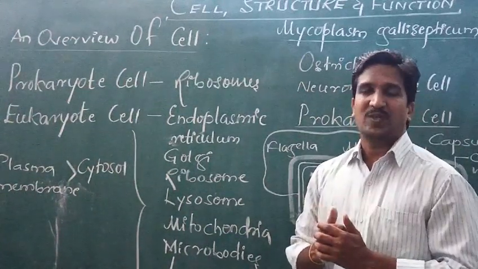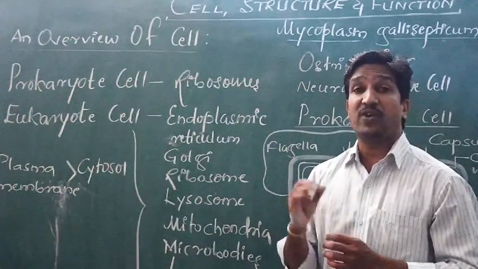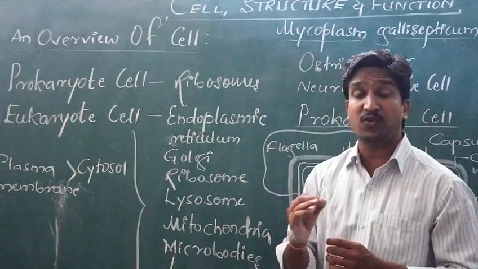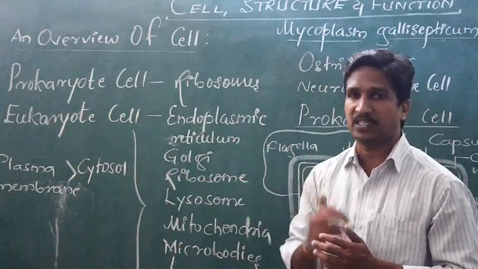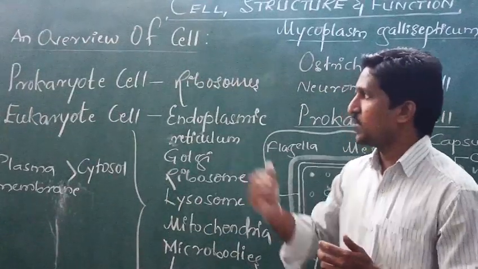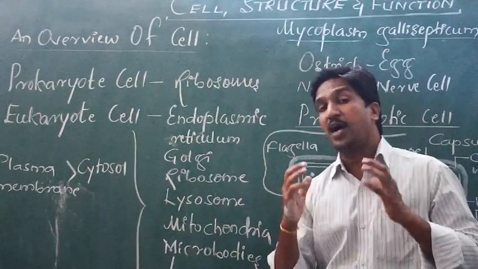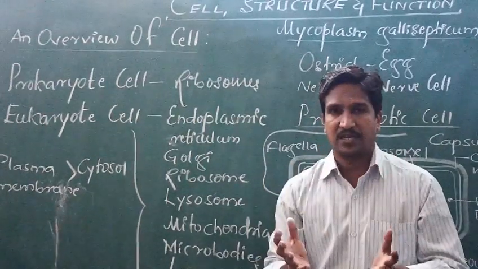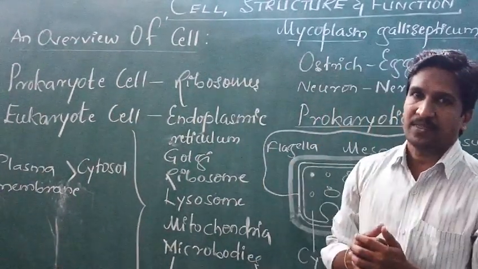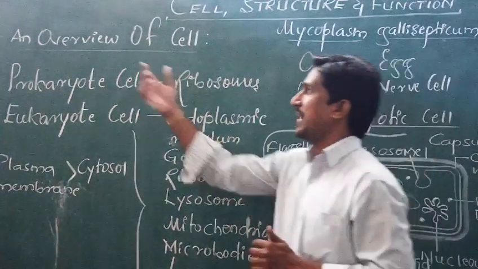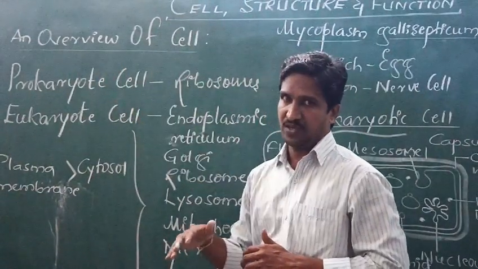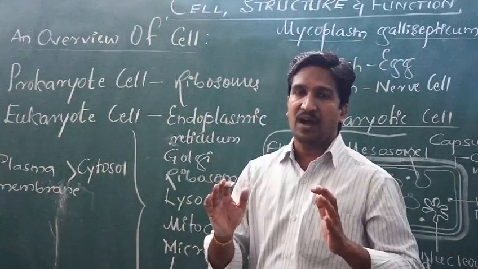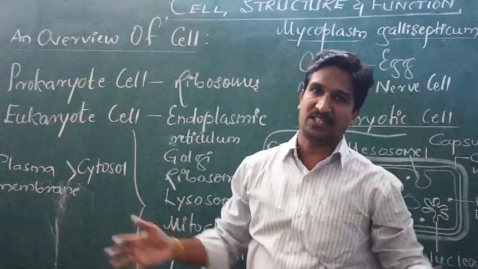You came across the definition of the cell: it is the fundamental basic unit of structure and function of an organism. Now, how it looks externally as well as internally is what we call an overview, not considering only one cell but the cells of all organisms.